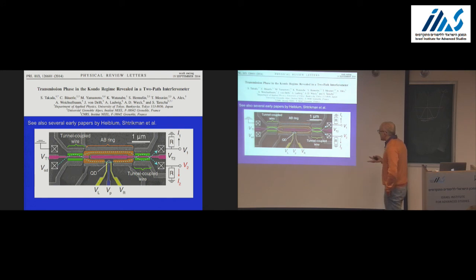And of course, what you need to set up is some sort of interferometric device to measure this phase shift. For a very long time, the results were very unclear.